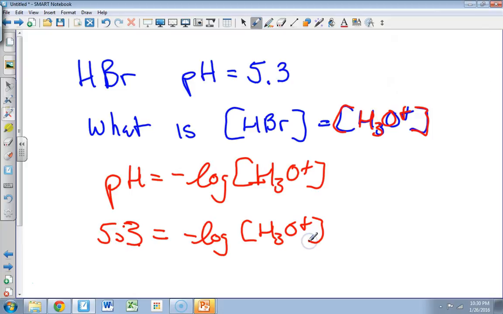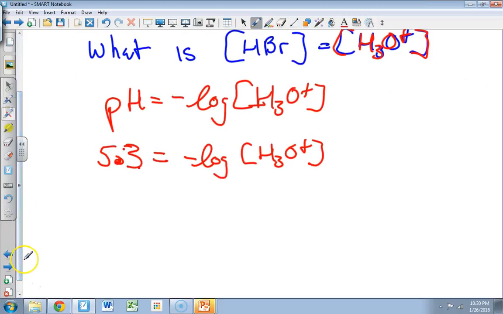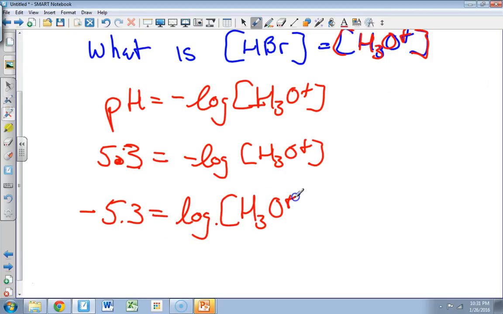And so now we need to, and this is not proper math terms, but I'm going to say d-log this. Okay, we have to figure out how this is going to get us only this. So the first thing that we're going to do is divide by -1 to get rid of this. So we get negative 5.3 equals the log of the concentration of the hydronium ion.